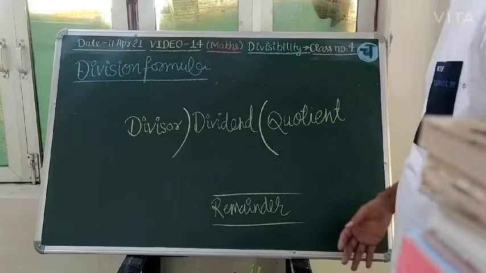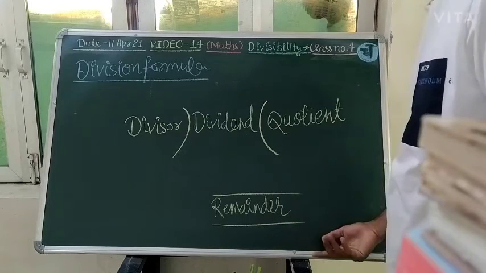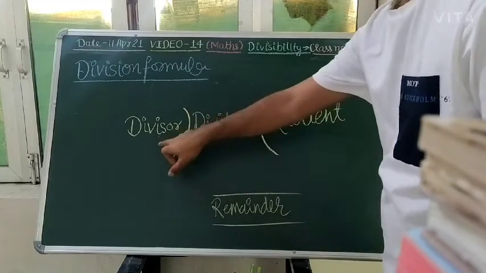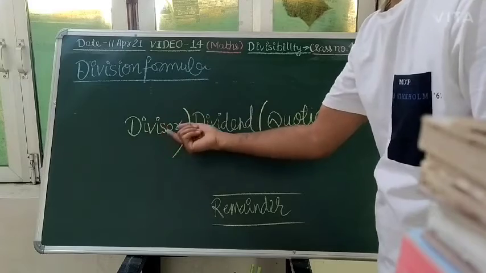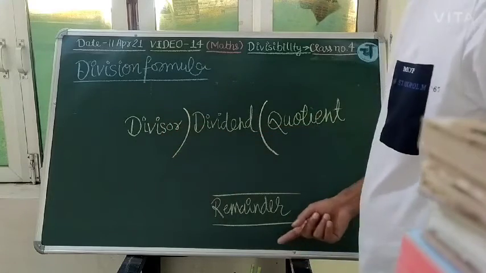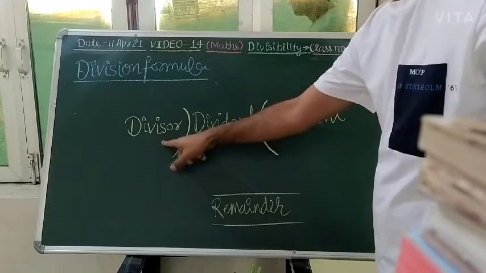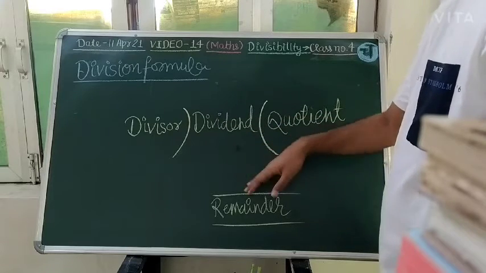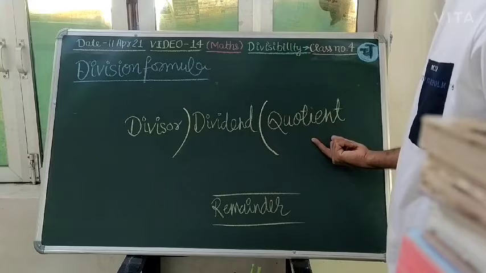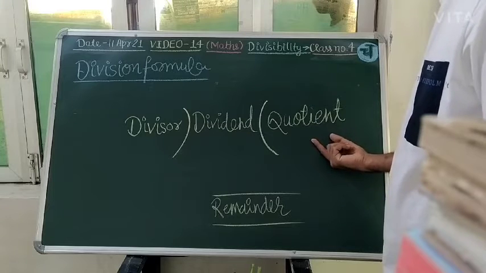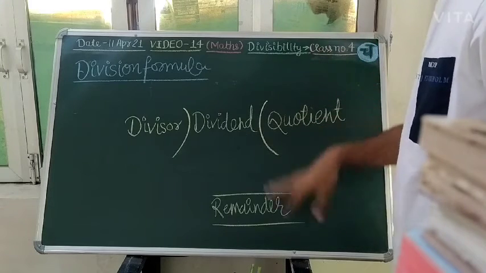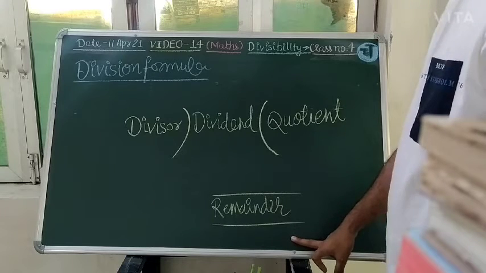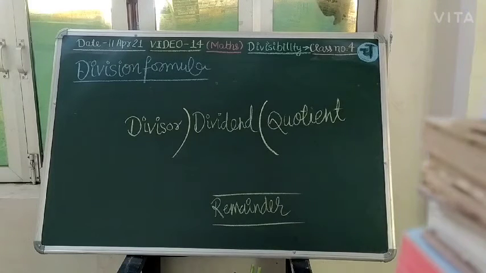I think you will be aware of it. Still, please remember: this number is said to be our divisor, here the number is called the dividend, here whatever number comes is said to be our quotient, and what is left in the end in the case of division is said to be our remainder.